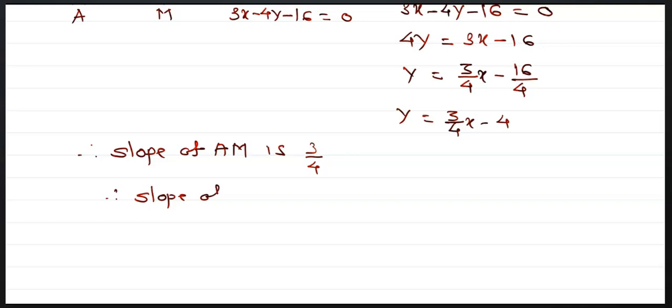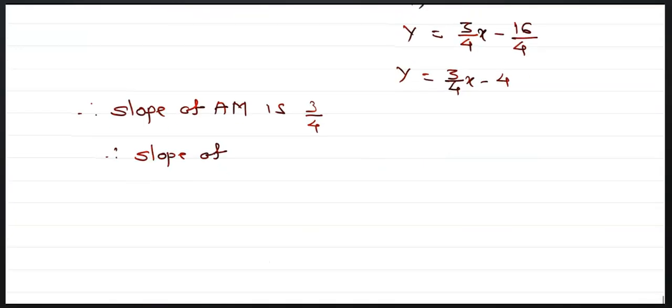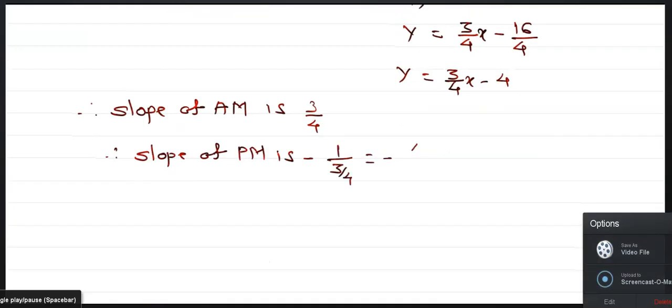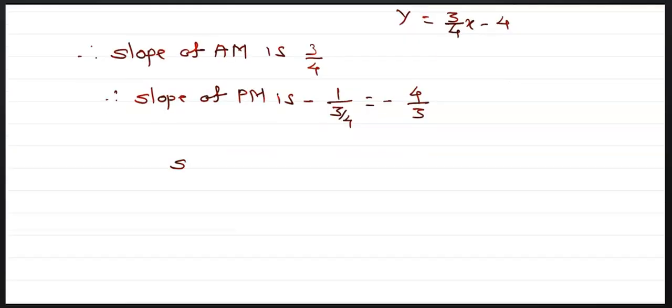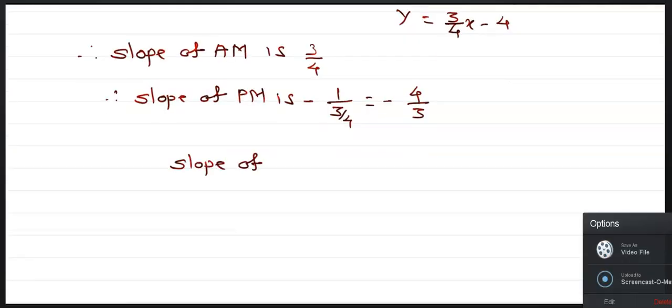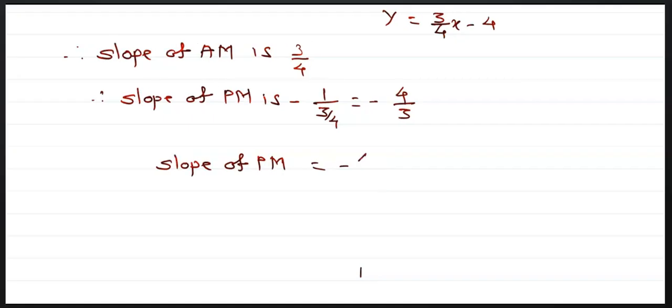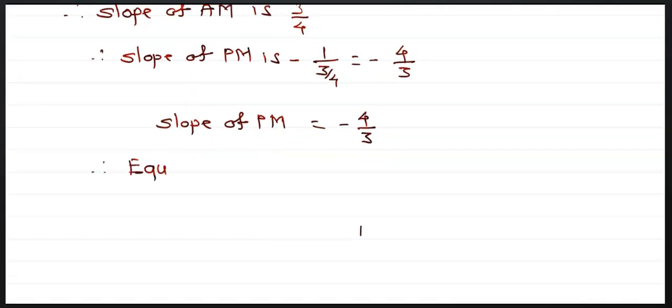Slope of AM is 3 by 4. Therefore, the slope of PM is minus 1 upon 3 by 4. Therefore, its slope is minus 4 upon 3. This is the slope of PM, minus 4 upon 3.